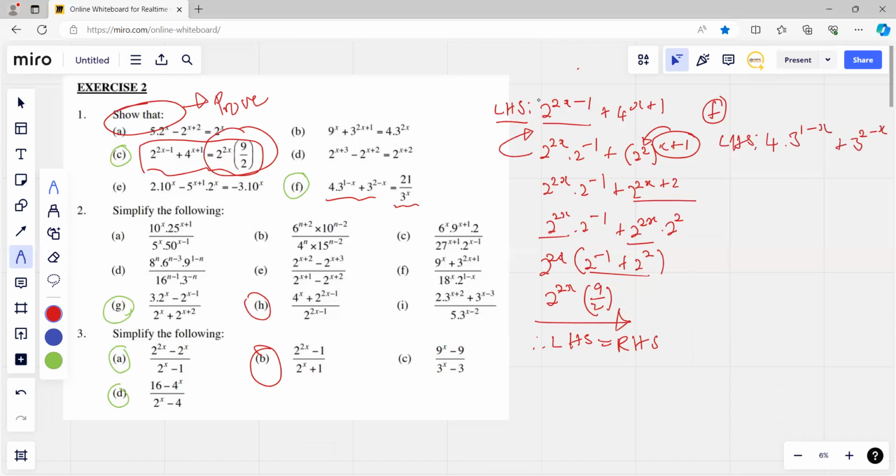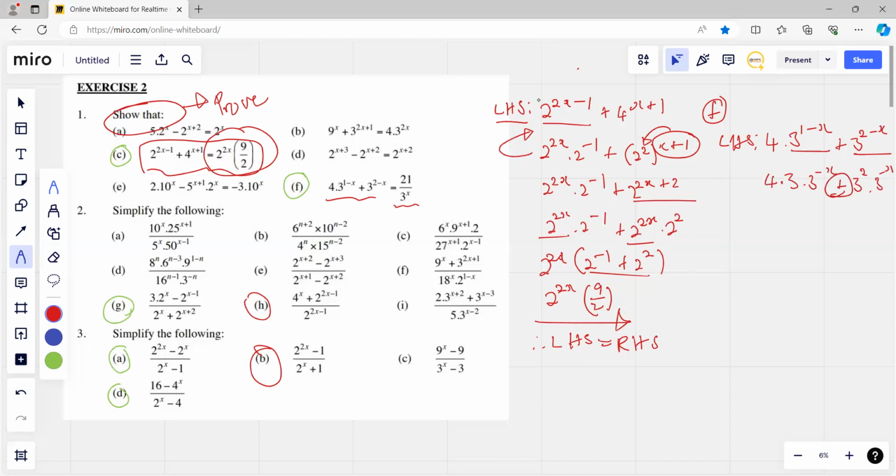Then here we have 4 multiplied by this one. If we break it up using the laws of exponents, if the bases are the same we add the exponents, we'll get 3 multiplied by 3 to the exponent negative x plus, if we break down this according to the law that I've just said, 3 squared multiplied by 3 to the negative x. As I said, immediately you see a plus or minus sign in an exponent, you have to take out a common factor.